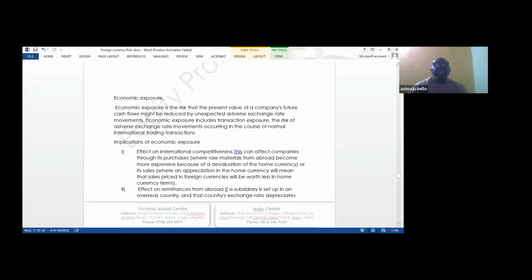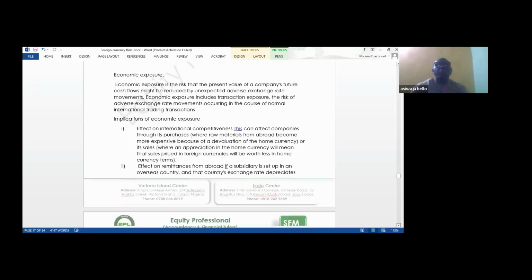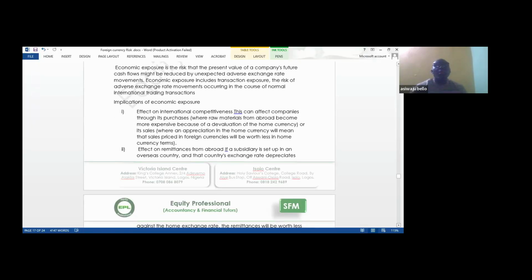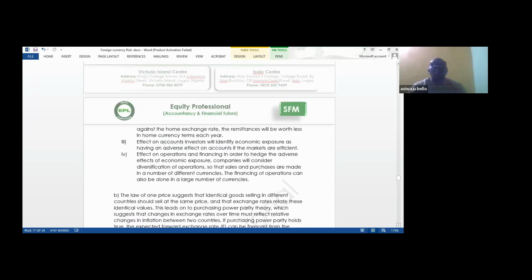It can also affect remittances from foreign subsidiaries to the parent company. It can affect the investor. It can affect return on investment to the investor.